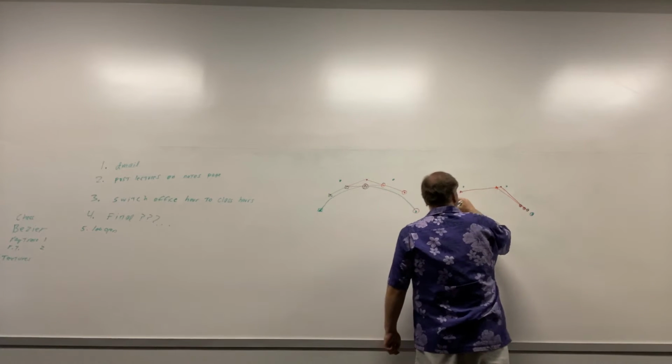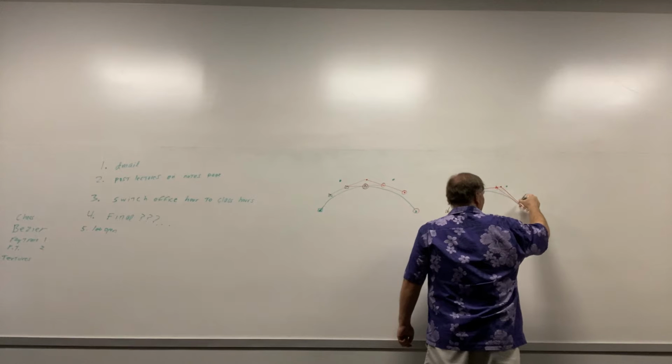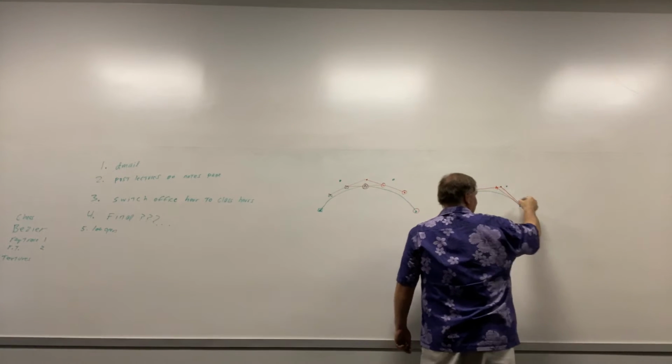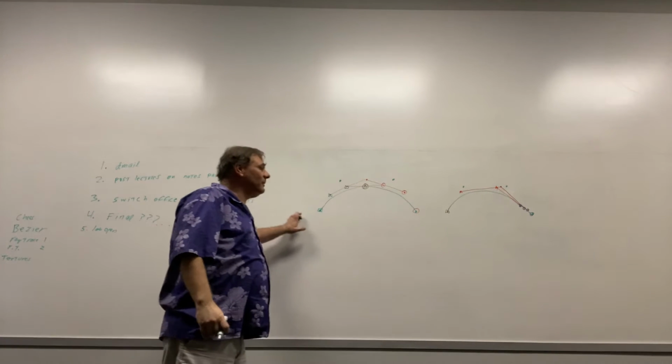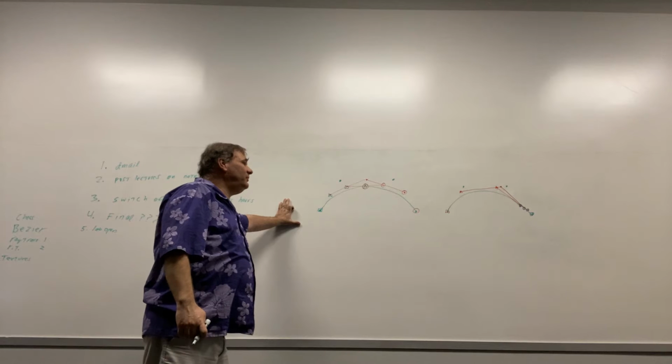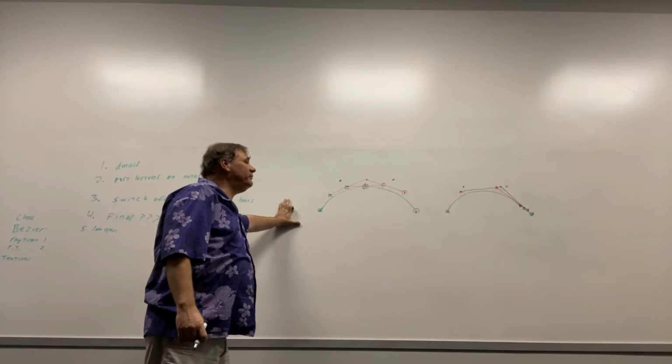So then the first curve would go like that, the second one would go like that, and again, together they would match the original curve. So you can subdivide it any way you want.